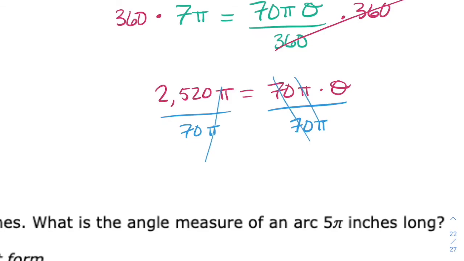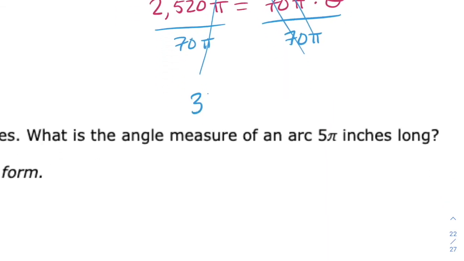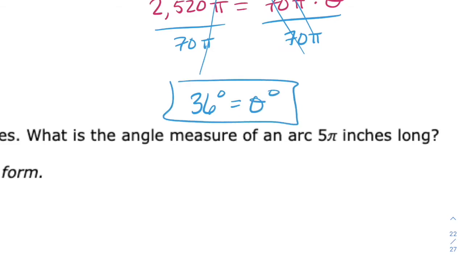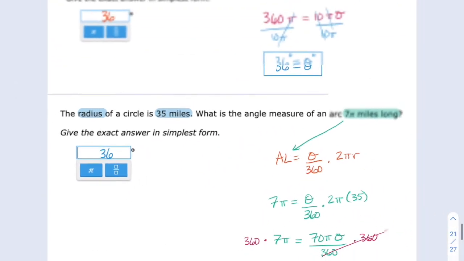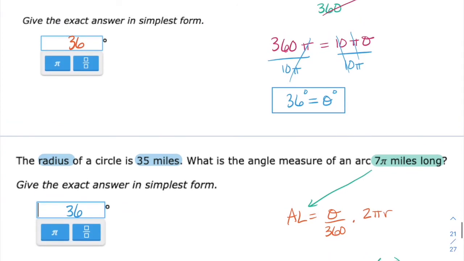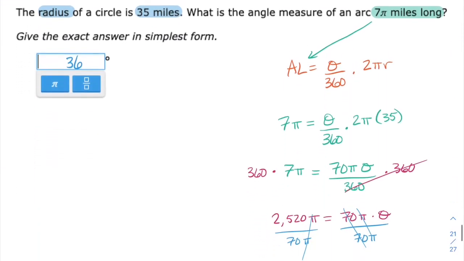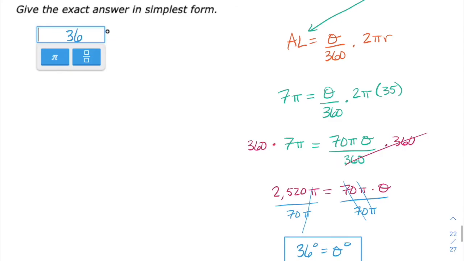So 2520 divided by 70 is 36 degrees. And we are done. 36 degrees. Ironically, same as the answer we got for the last one, 36. Okay, just the same process over and over again.